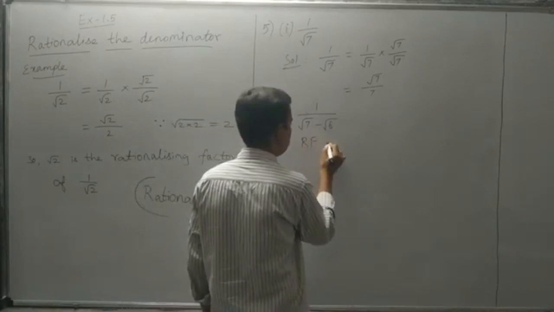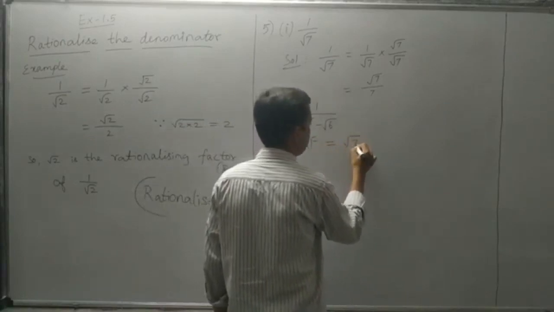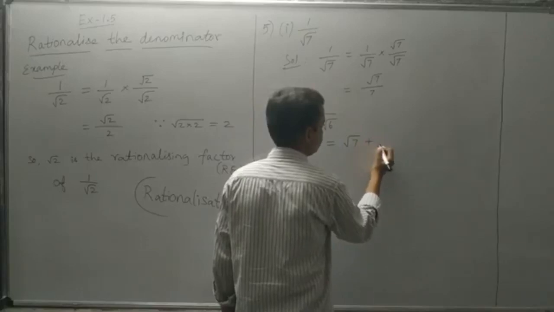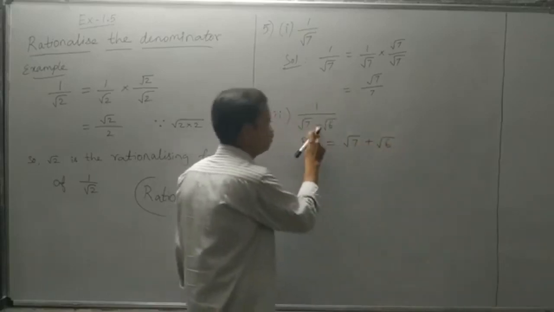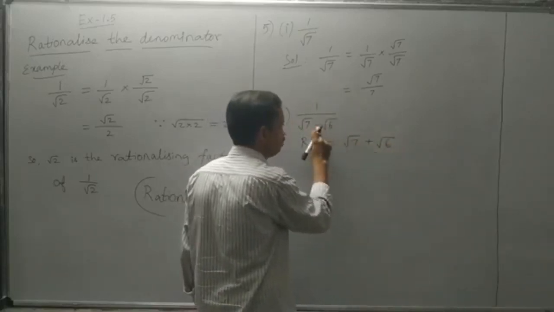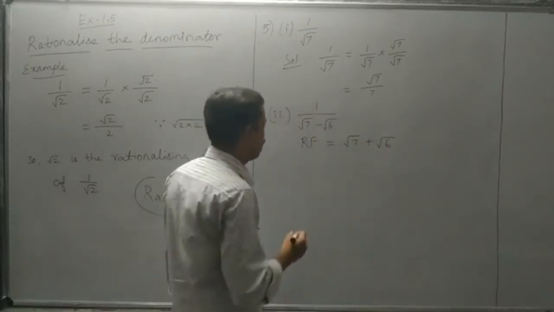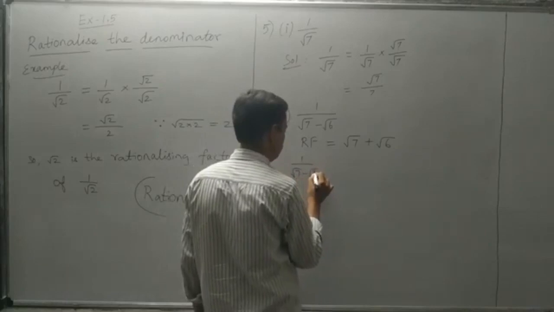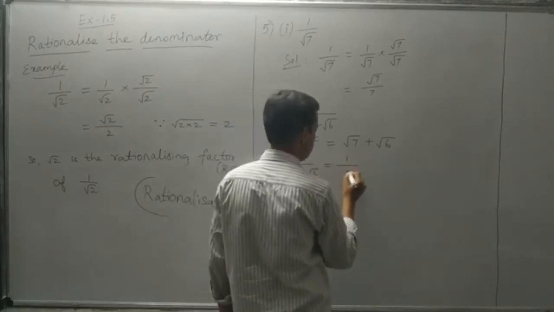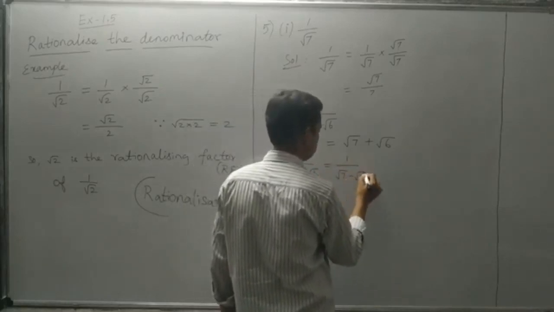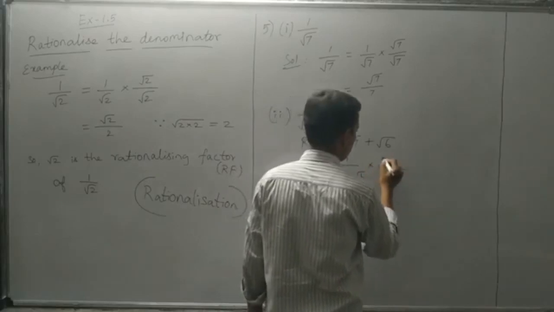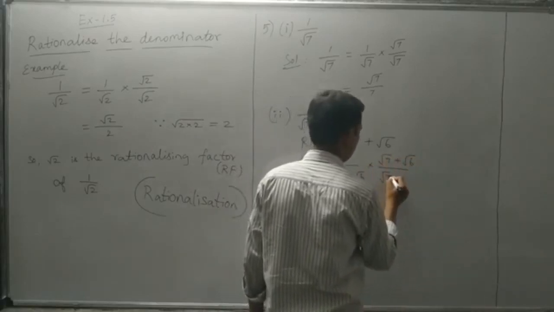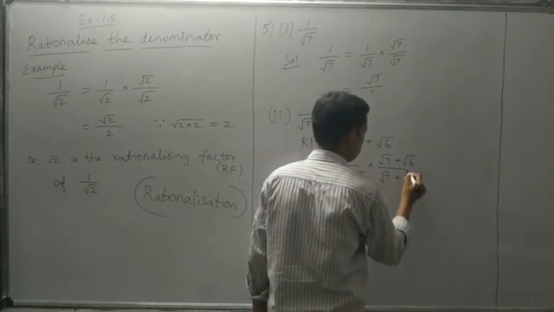So the rationalizing factor here is root 7 plus root 6. Here it is minus, so you have to put plus to get the rationalizing factor. And you have to multiply: 1 by root 7 minus root 6 is equal to 1 by root 7 minus root 6 into root 7 plus root 6 by root 7 plus root 6.